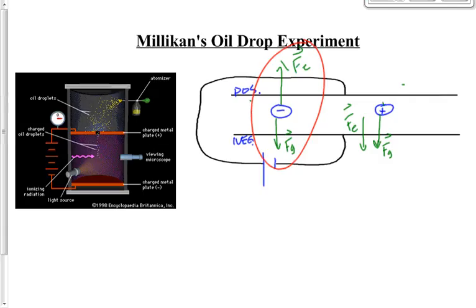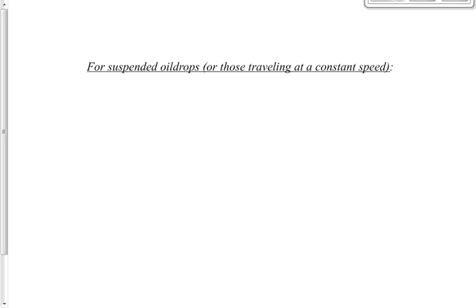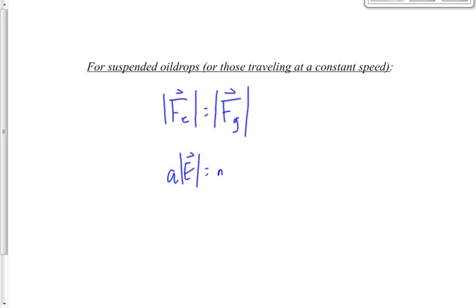So for the particles that are either suspended or traveling at a constant speed, we know the upward electric force must equal the downward gravitational force. Don't get that mixed up with the velocity selection chamber of the cathode ray tube, where Fe equals Fm. Here it's Fe equals Fg, or Q times E equals M times G.